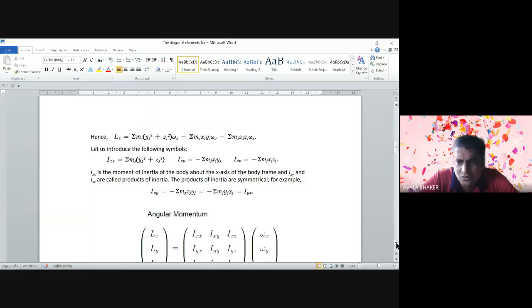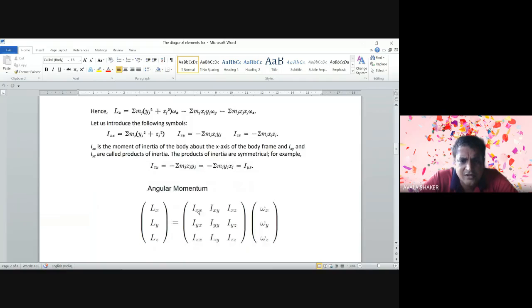So why I'm saying this is because of Ixx, Ixy, Ixz, so this is your Lx. Now the left-hand side I also write in matrix form, L as Lx, Ly, Lz. So basically you're constructing three equations. So Ixx is this term, Ixy is this term, Ixz is this term.